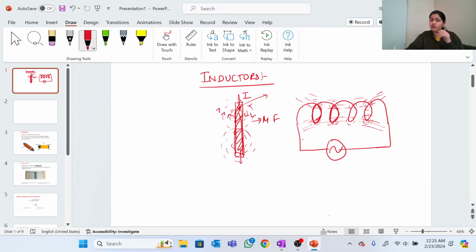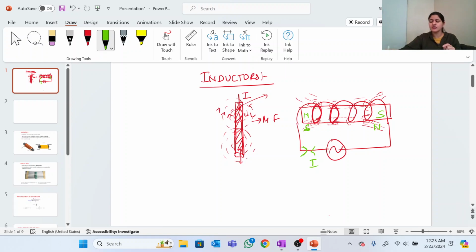You will also feel a permanent electromagnet here with this polarity. Let's say this side is north and this side is south when the current is flowing in this direction. If you change the direction of the current, you will see that the polarity of that electromagnet also changes.